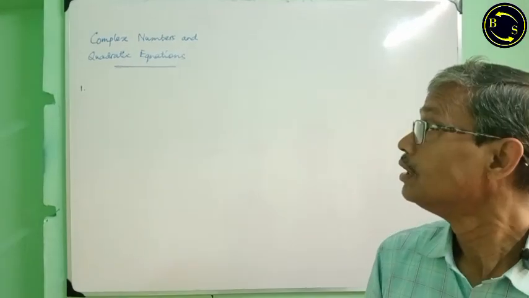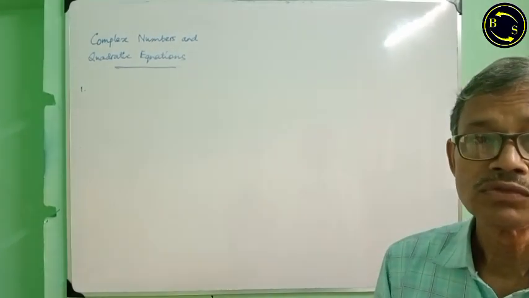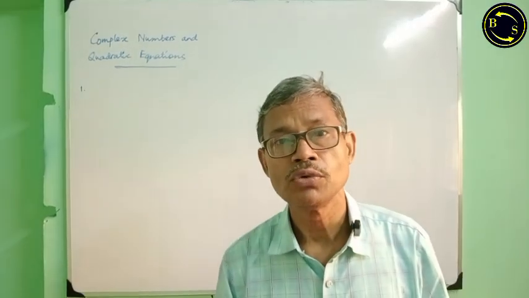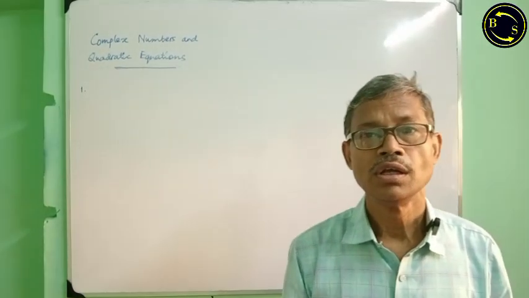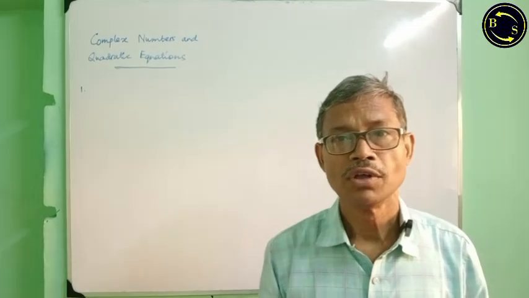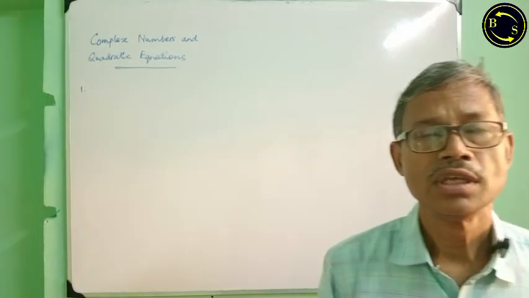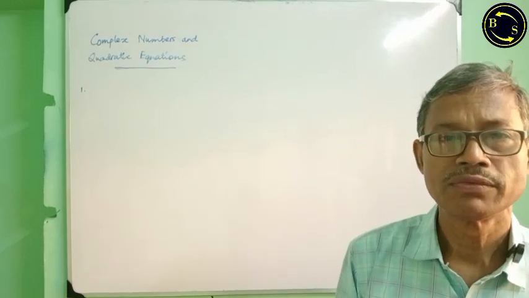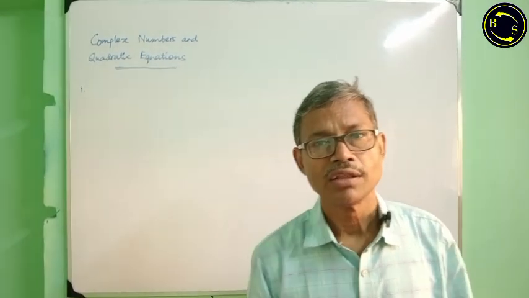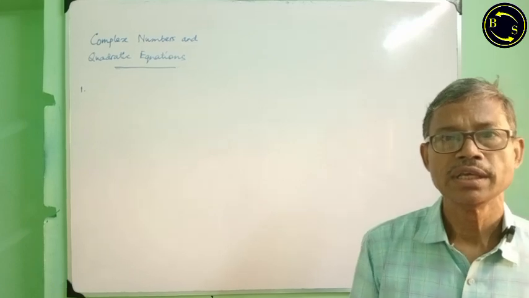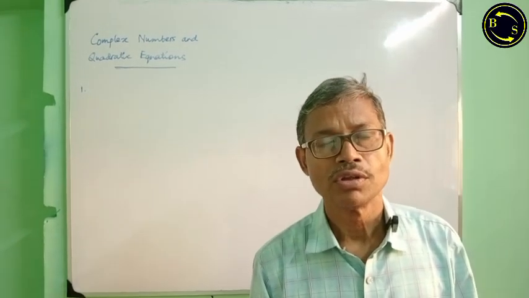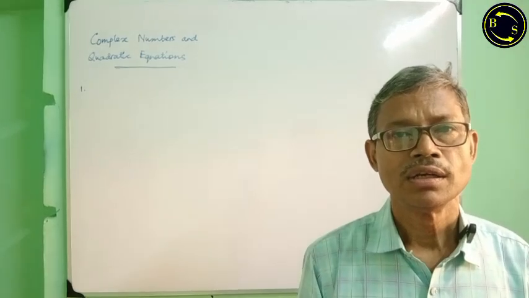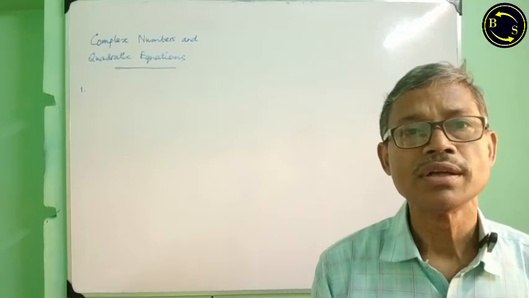I start serial number 1. To know complex number, first of all we have to know the new idea of mathematics, that is imaginary number. Imaginary number. From the name it is clear that it is not actually existing or not a real number.